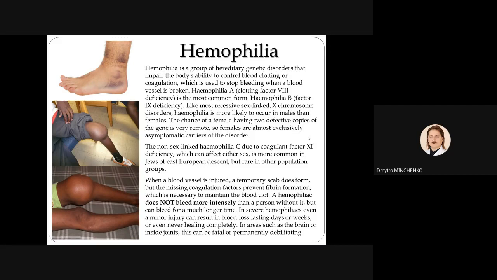And hemophilia A and B are sex-linked, which means they are linked to the X chromosome. It's a recessive gene, which means that two X chromosomes have to both contain the recessive gene for hemophilia in order for a girl to be sick.